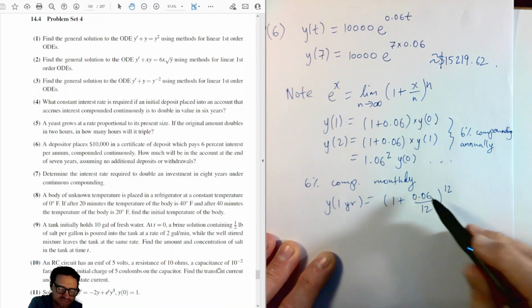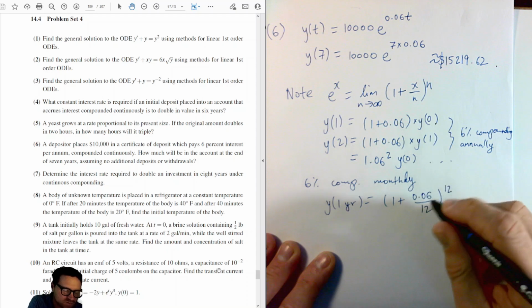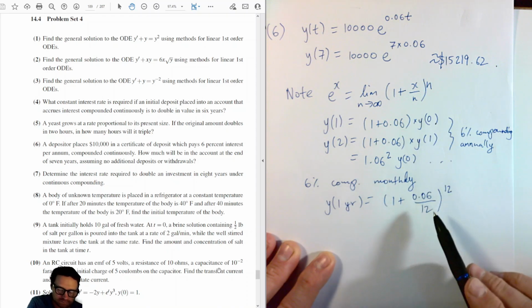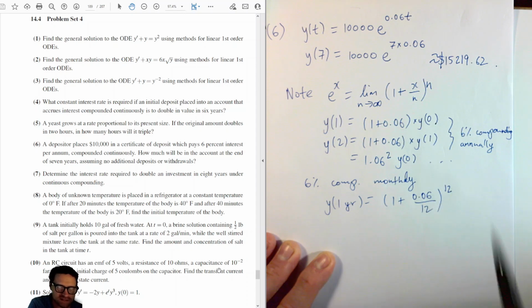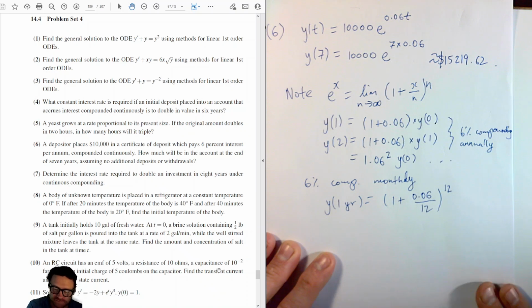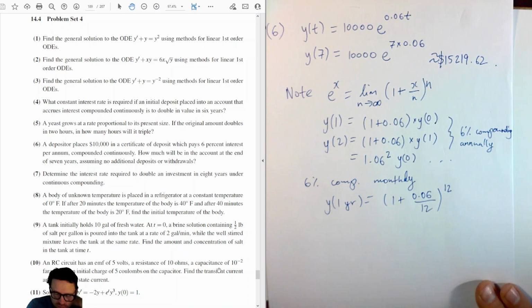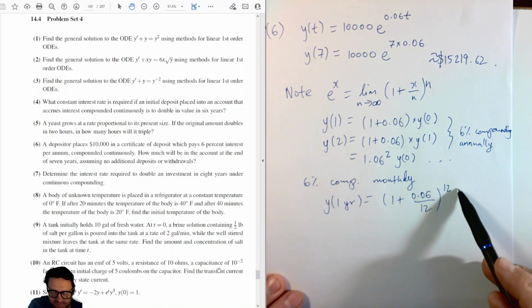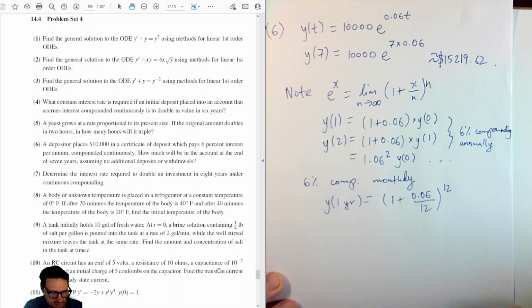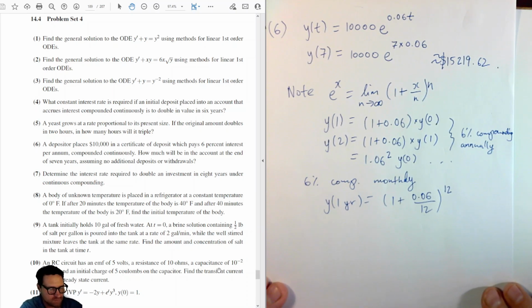So you divide that interest rate of 6% by 12, add this to 1, and take that to the 12th power, and that's what you have. Okay, so you can also do this weekly by instead dividing by 52 and taking that to the 52nd power. All right, just some notes there.